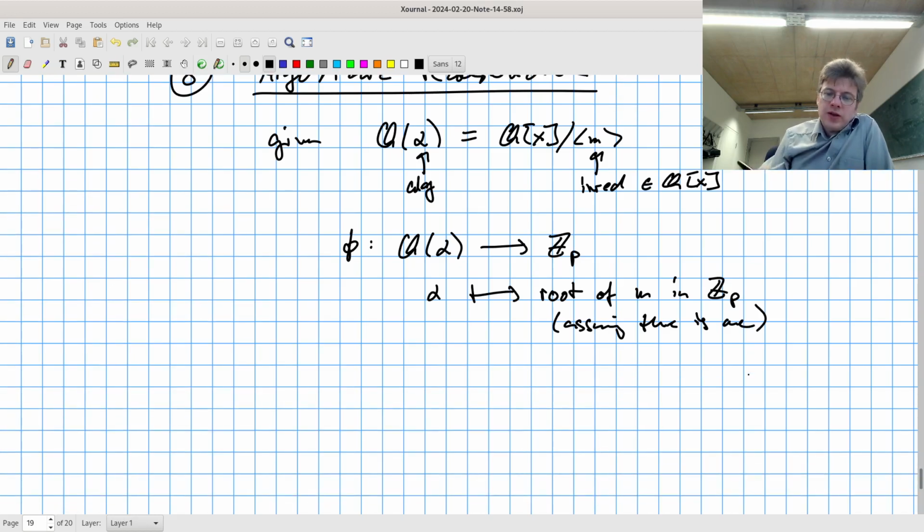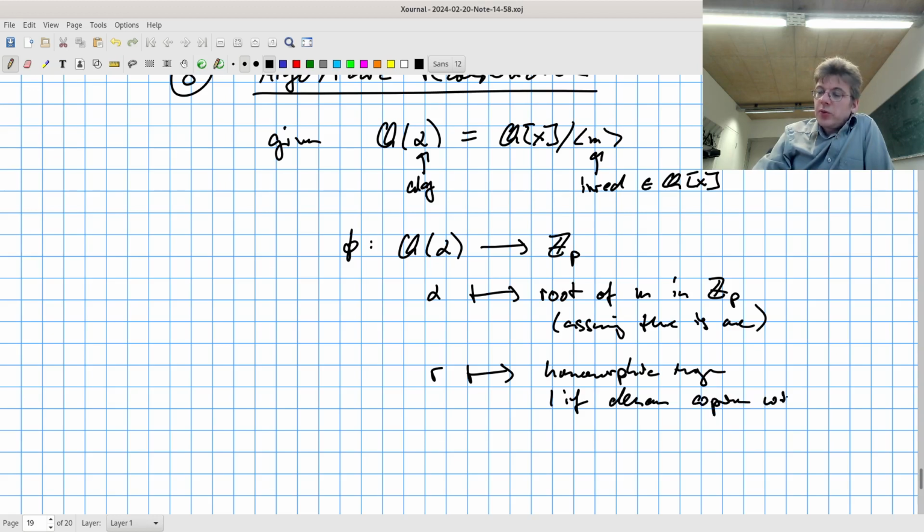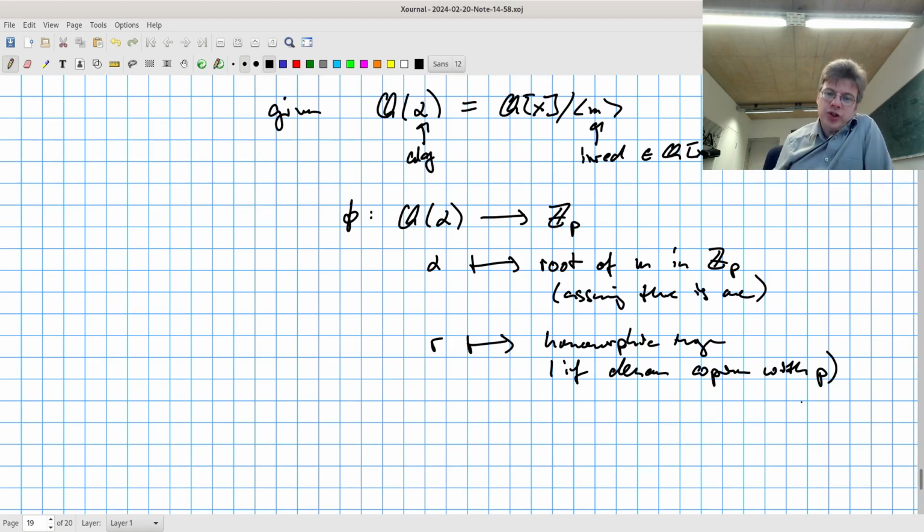And it sets otherwise a rational number to its homomorphic image if the denominator is coprime with p, and otherwise I just leave it undefined, so it's a partial function.